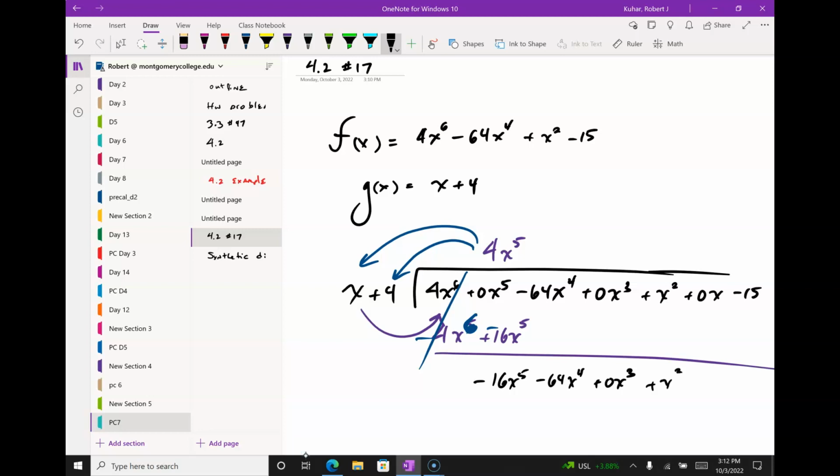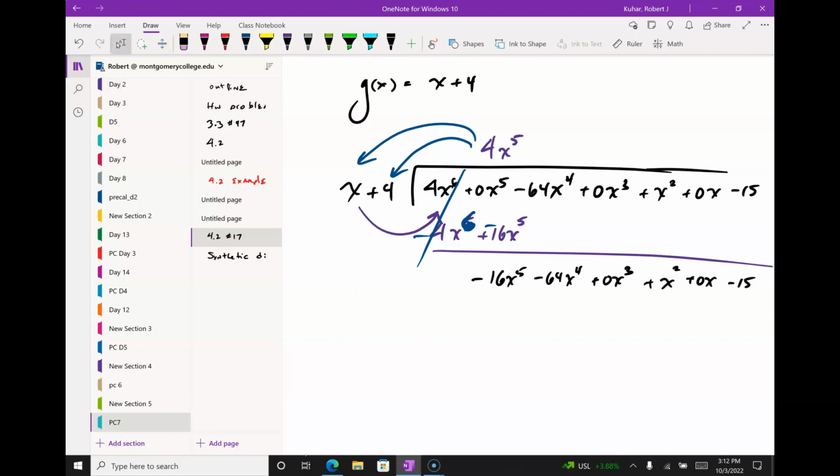Trying not to make a mistake. It's not easy, right? But hopefully you make your mistakes when you're practicing. And rinse and repeat, yes? So I don't need the zero.